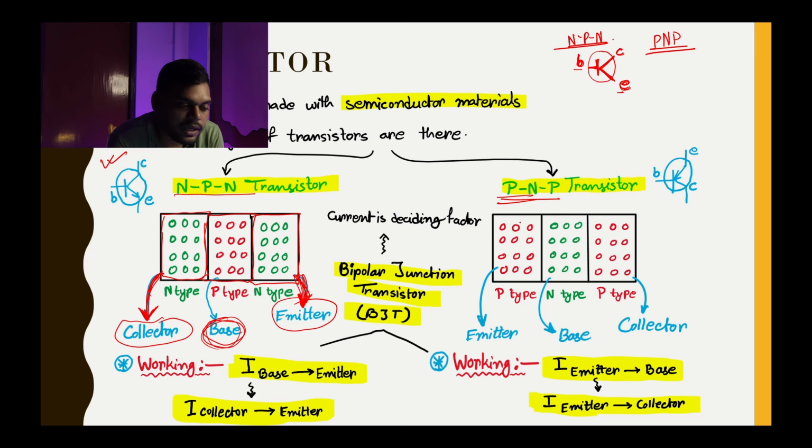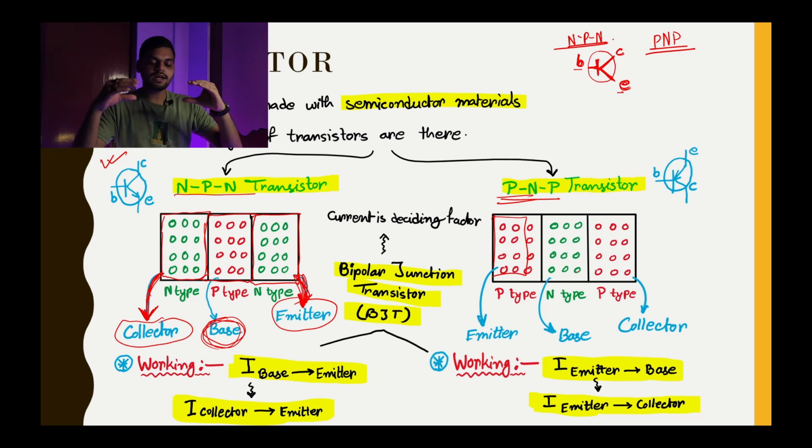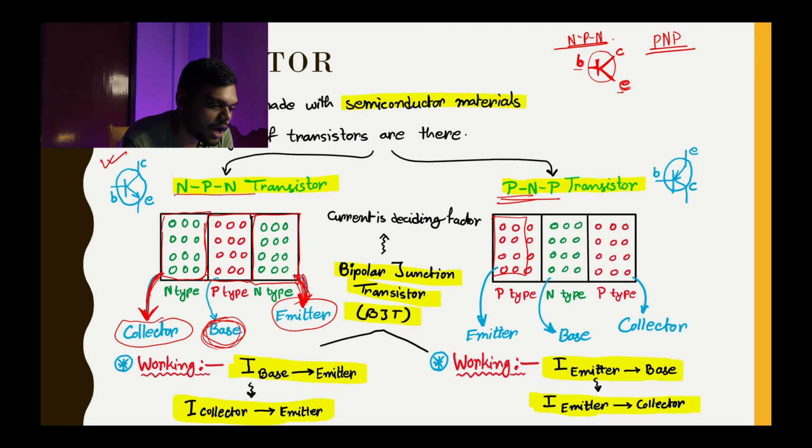In PNP transistors, we have p-type semiconductors at both the sides and n-type semiconductor in between them. So we name a p-type semiconductor as collector, another p-type semiconductor as emitter, and in between the n-type semiconductor is base.